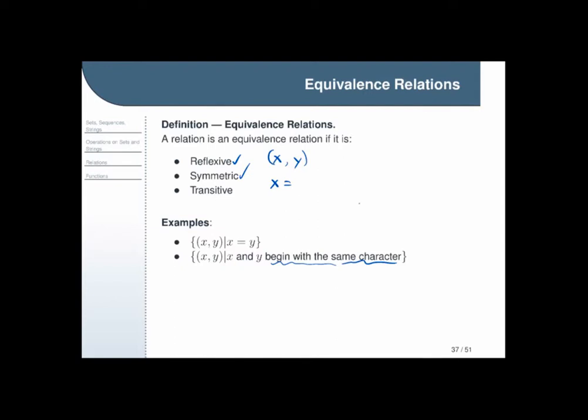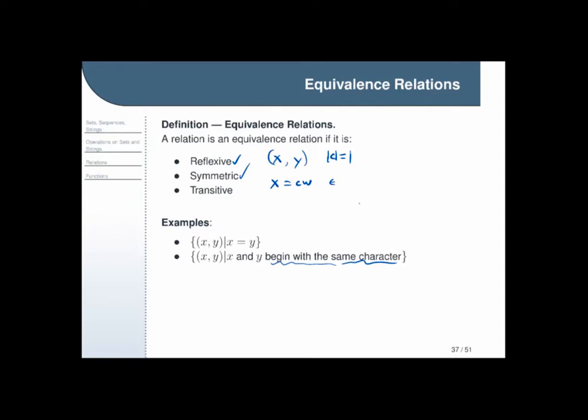Then we could write it as C concatenated with some other string we'll call W, where the length of C is equal to 1. This is some string that's only one thing long, so it's a character, and it will be the first character in x. W is any other kind of string, including possibly the empty string, if it is the case that x is only one character long.